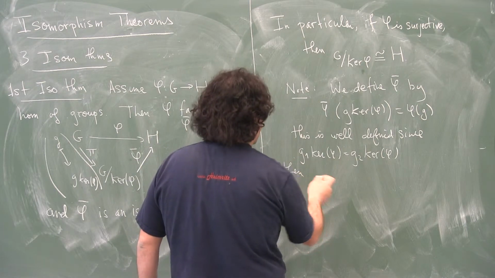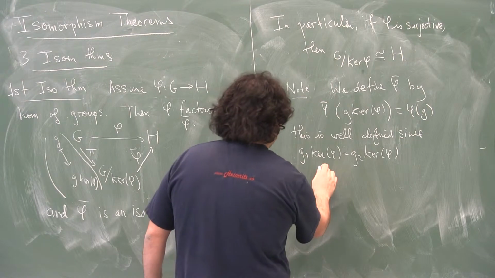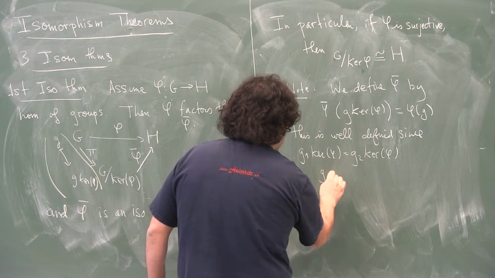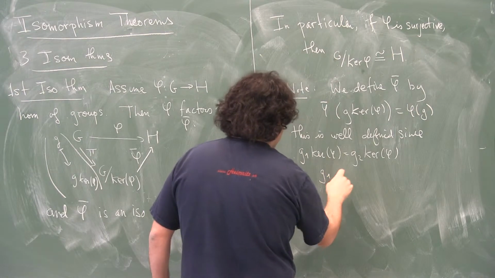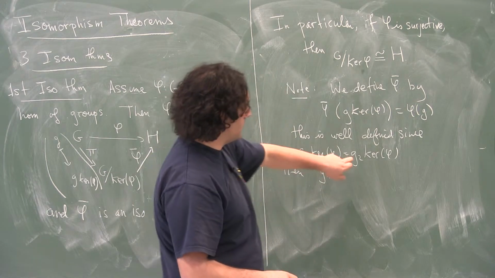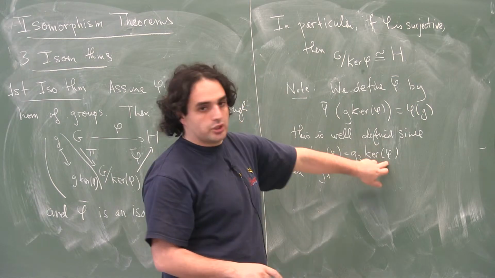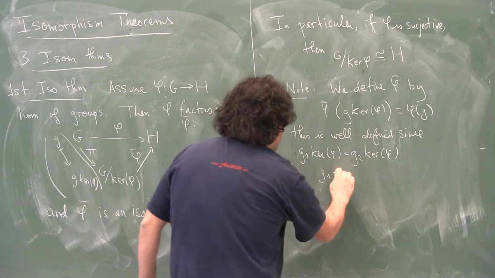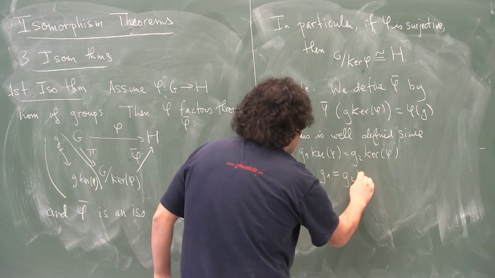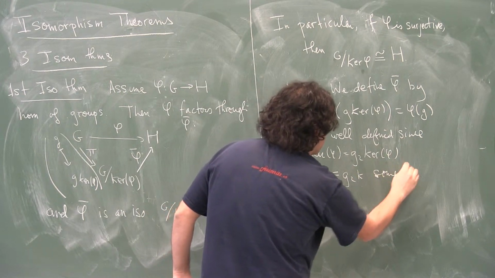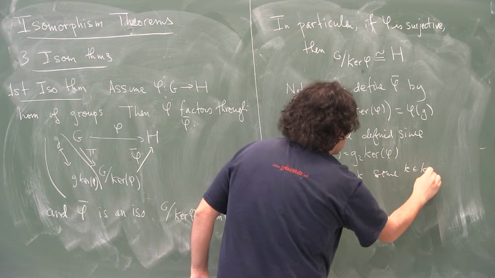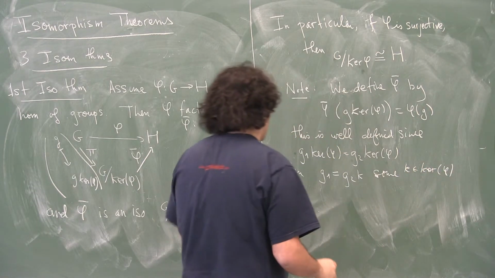Then this is saying that G1 is an element of the coset G2 kernel of phi. So then G1 is G2 times K for some K in the kernel of phi.